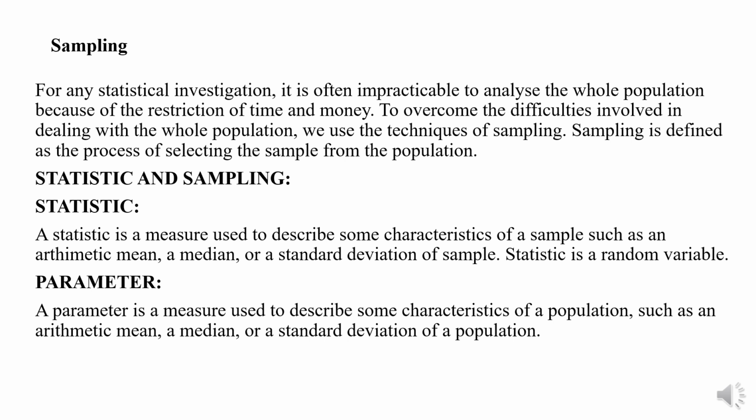The first one is statistic, which is about a sample, and the second one is parameter, which is about the population. Let me write some formulas so we will easily understand it.